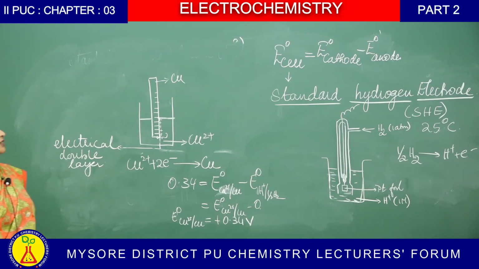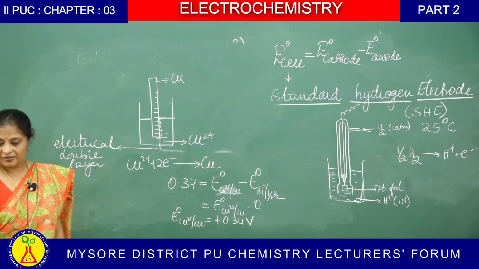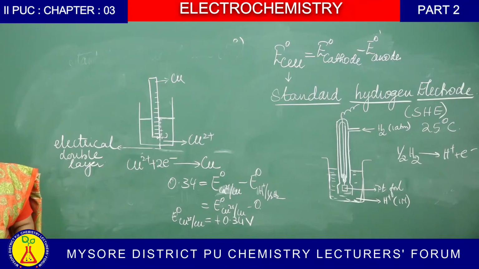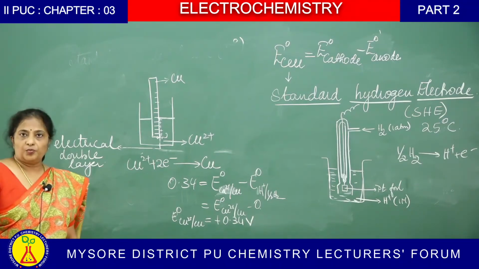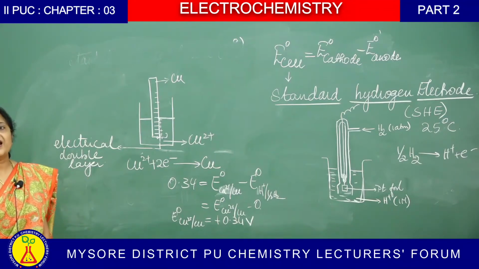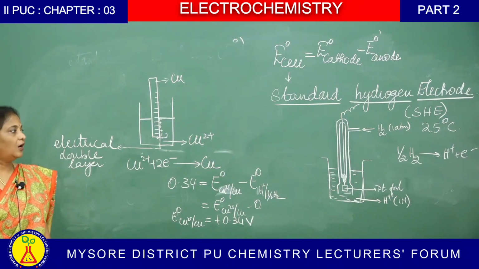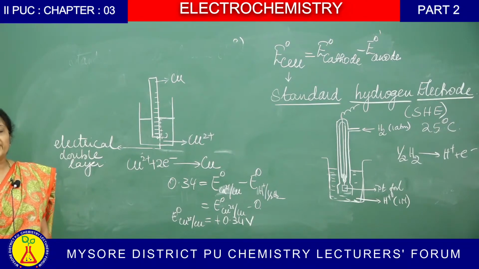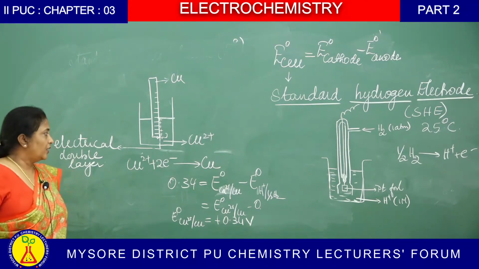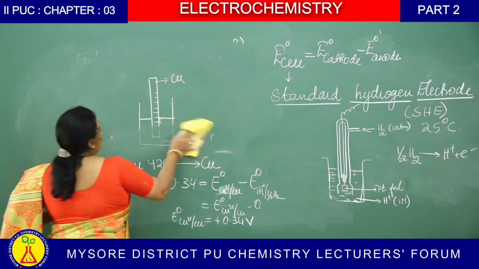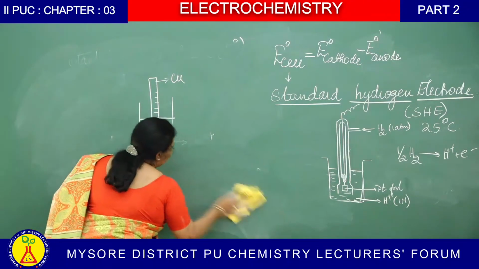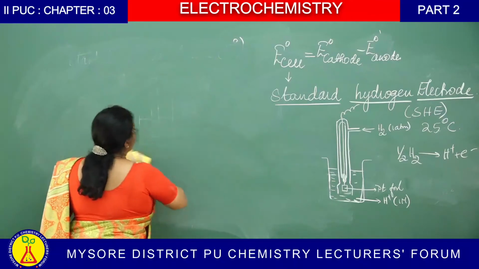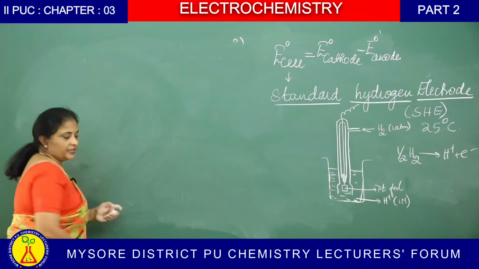These standard reduction potentials of the various elements are arranged in an increasing order, and that arrangement is called the electrochemical series.